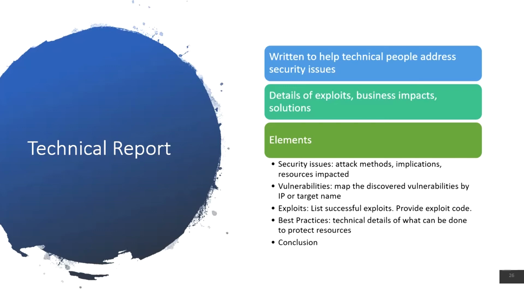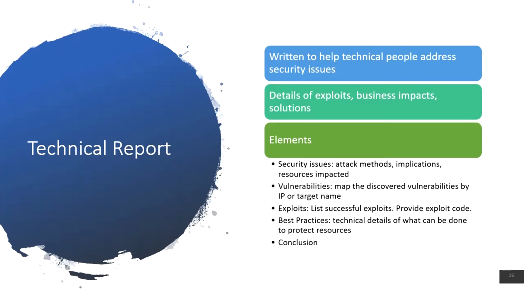It may include a map that contains all of your discovered vulnerabilities by IP or target name. It often includes exploits, the ones that you were successful at during your test, and it will include exploit code and screenshots, best practices, including technical details of what you can do to protect organizational resources, and a conclusion.